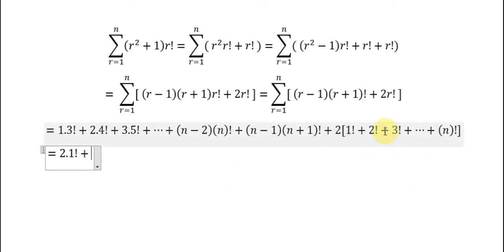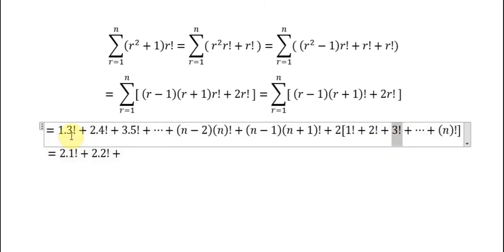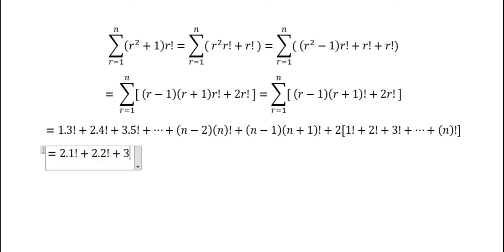We have 2 multiplied with 2 factorial. Now we have 3 factorial, 3 factorial. 2 multiplied with 3 factorial plus 1 multiplied with 3 factorial, we get 3 multiplied with 3 factorial.